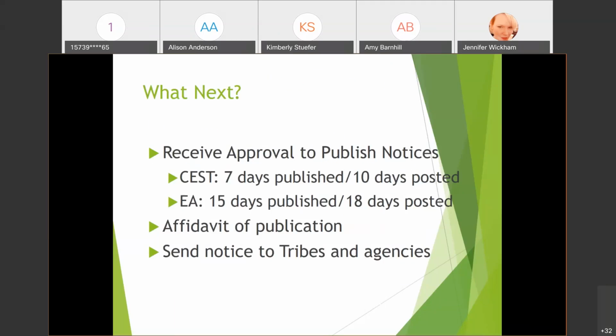Similarly, with the environmental assessment, it's a 15-day comment period, and it's 18 days if it gets posted. It's important to get an affidavit of publication when you're going through the public notice period. Then this notice gets sent to tribes and the federal and state agencies. Next slide, please.